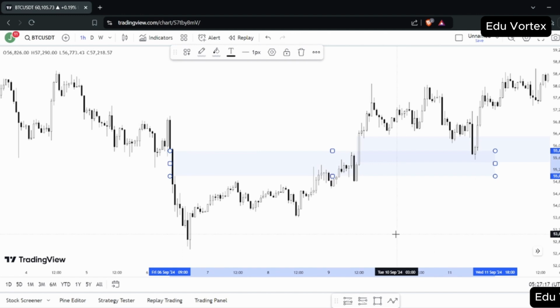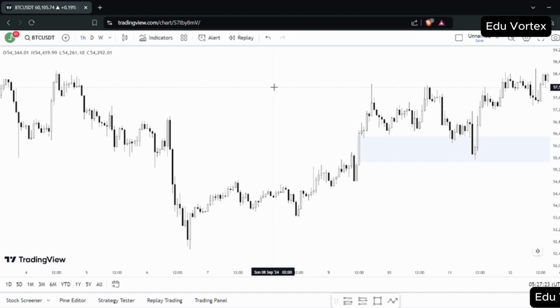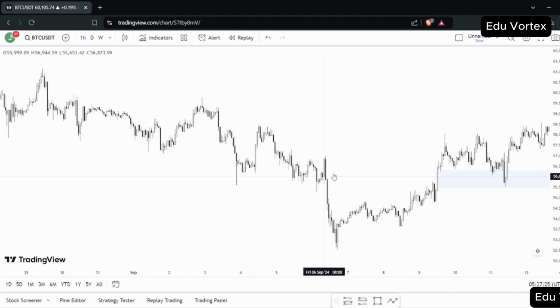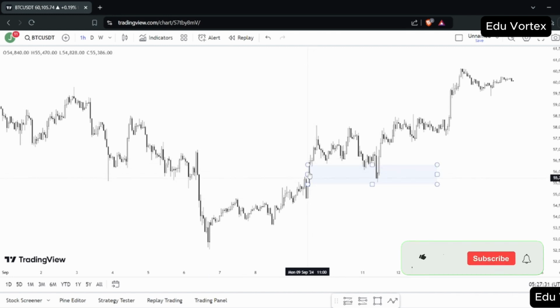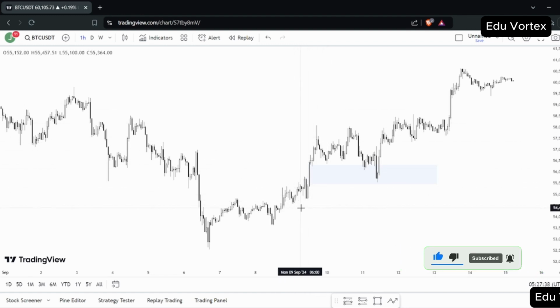Now, with that being said, what are we looking for? A fair value gap which we're looking for is showing us real displacement. When I say displacement, I mean impulses, big impulses.